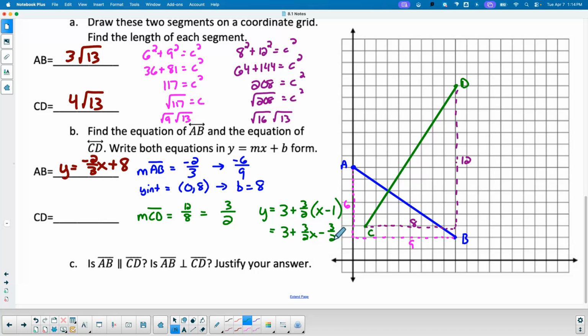What is 3 in terms of halves? 6 halves, right? Okay, because 6 divided by 2 is 3. So this is going to be 6 over 2 plus 3 over 2 x minus 3 over 2. So that gives me y equals 3 over 2 x plus 3 over 2 as my y-intercept. Okay.